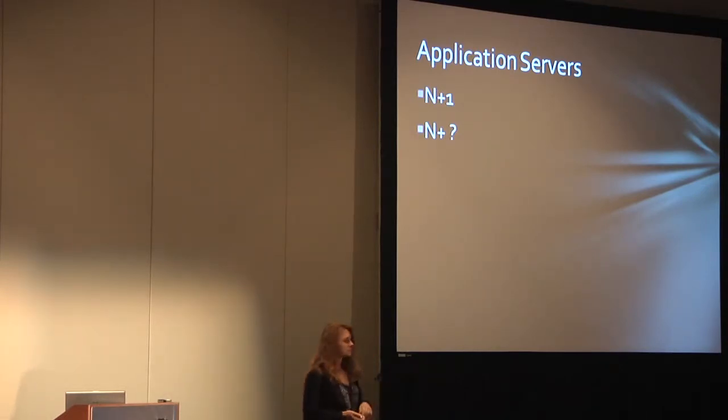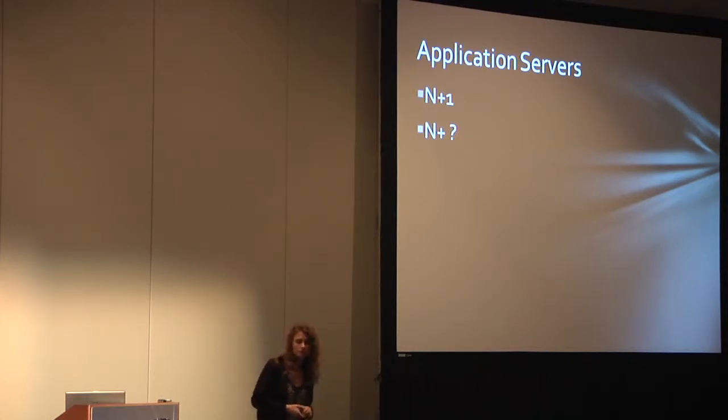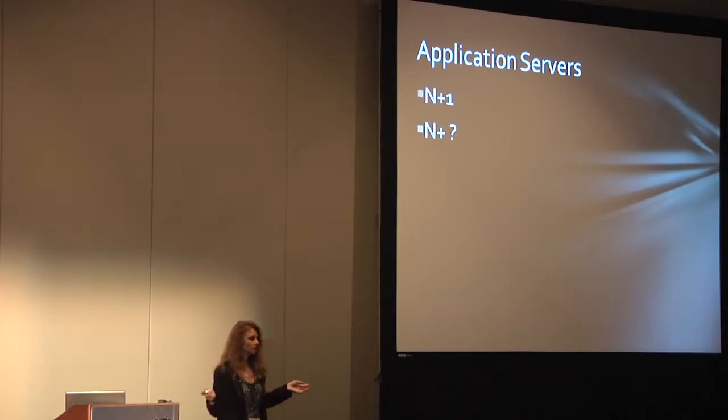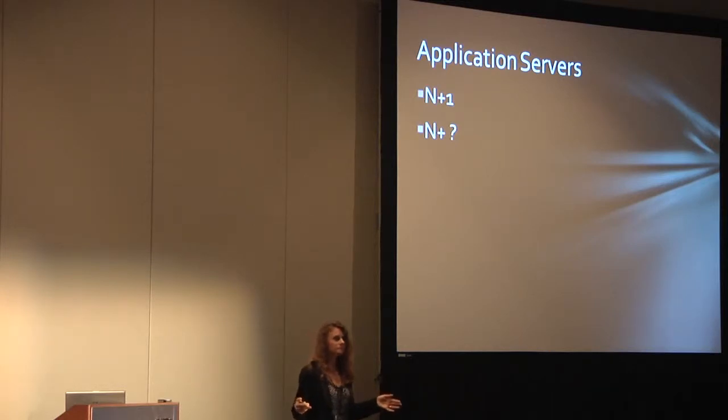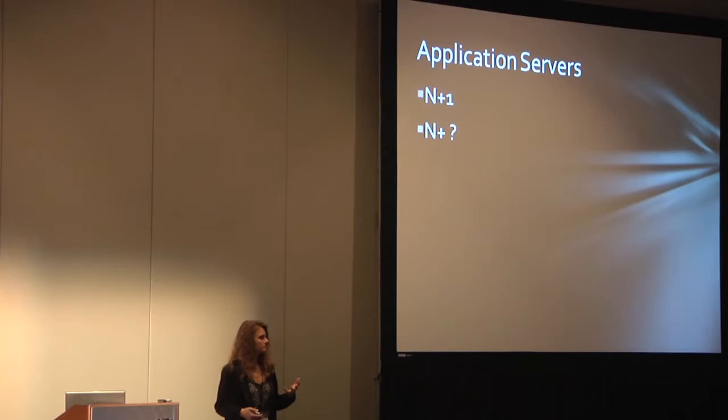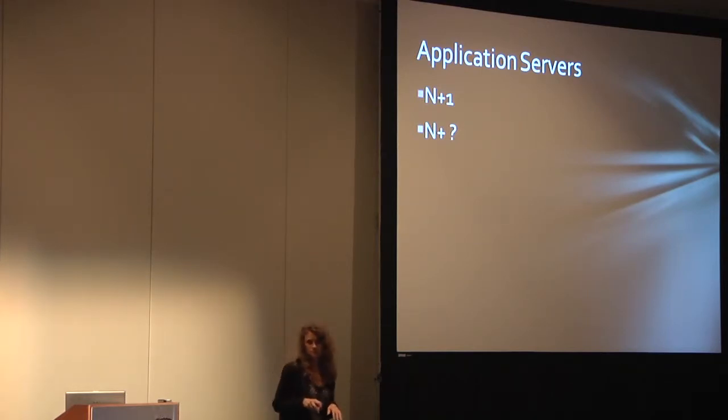Now there can be exceptions to that as well. We decided that for our electronic health record it was a little bit more important to be able to do maintenance within a 1-week time window. And since we have so many servers that host that, we actually have N+5, so we can take out 5 servers at any one given time and not affect our end users.